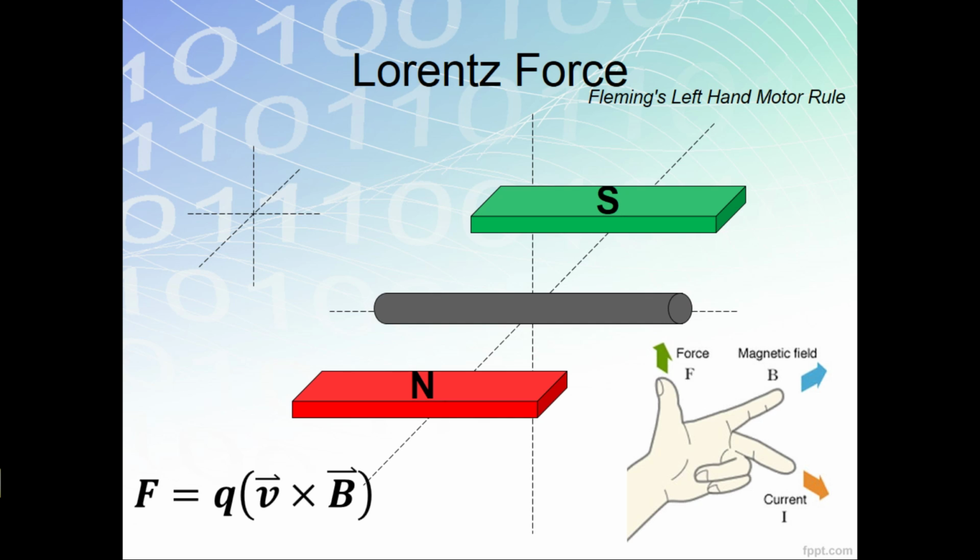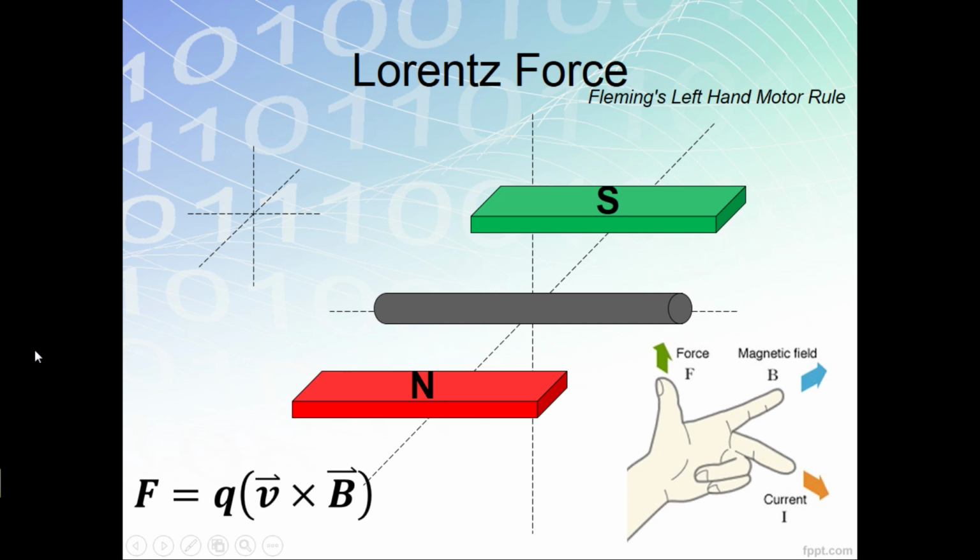If we take the vector product of the velocity of the charge or the current and the external magnetic field B, we get a vector that is perpendicular to both, and that will be the direction of the force. So basically, the Lorentz force equation is an equation that describes Fleming's left-hand rule.